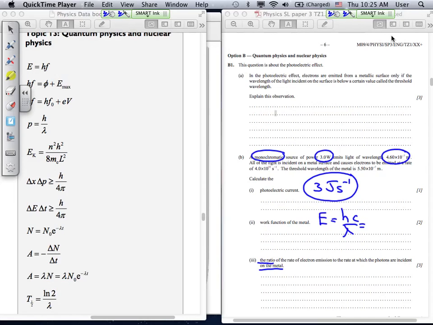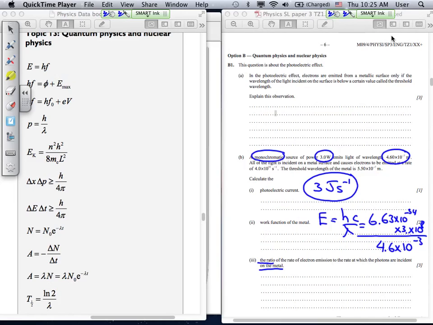So that's going to be 6.63 times 10 to the negative 34 times 3 times 10 to the 8, divided by your wavelength, which is 4.6 times 10 to the negative 7.